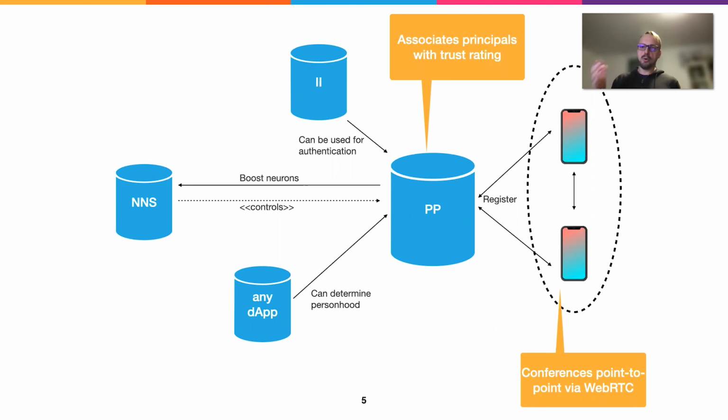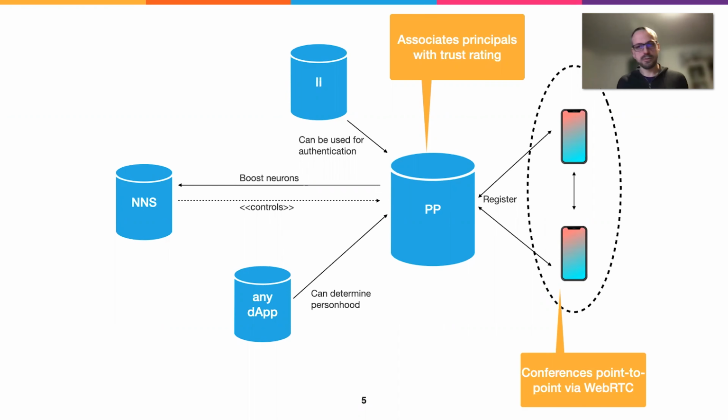And on the lower side of the slide, there is interaction with any dApp that runs on the internet computer for the purpose of validating whether or not users of that dApp are validated persons.